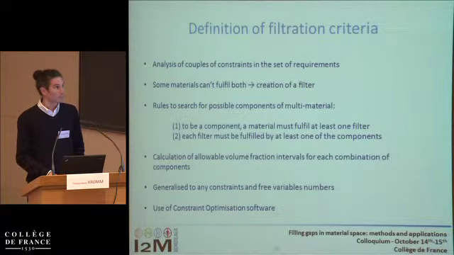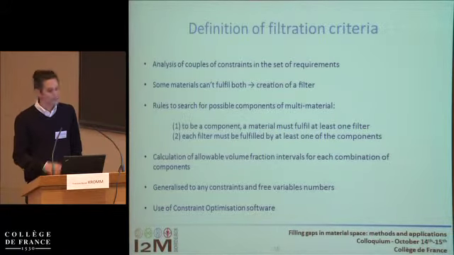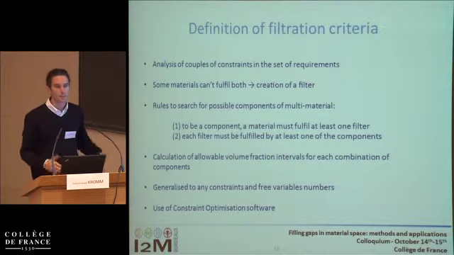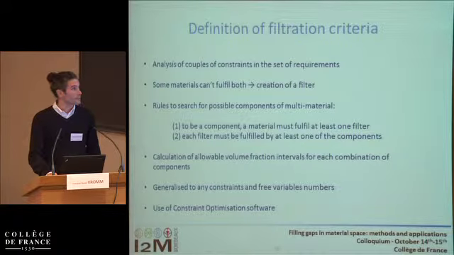Then the calculation of valuable volume fractions makes another filtration on the possible combinations, and will be made thanks to constraint optimization software. This tool has been developed on a simple example first, and then generalized to any number of constraints and free variables.